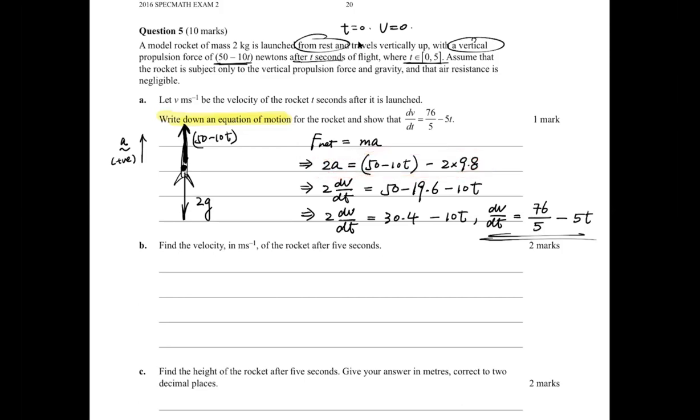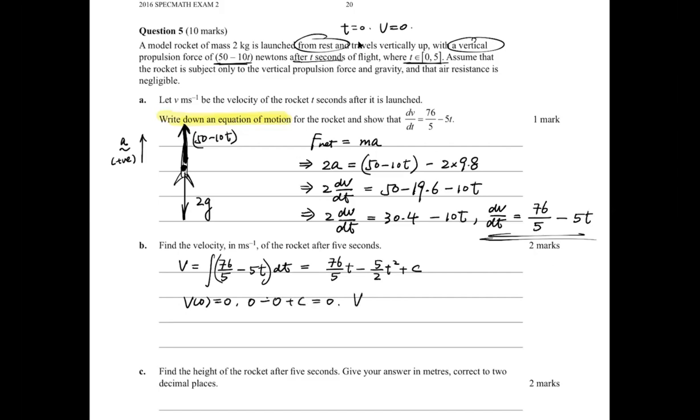Now you want to find the velocity of the rocket after 5 seconds. So you can clearly tell v is the integral of 76 over 5 minus 5t dt, antiderivative, and it will give you 76 over 5 t minus 5 over 2 t squared plus c. v(0) equals 0, so 0 minus 0 plus c equals 0.